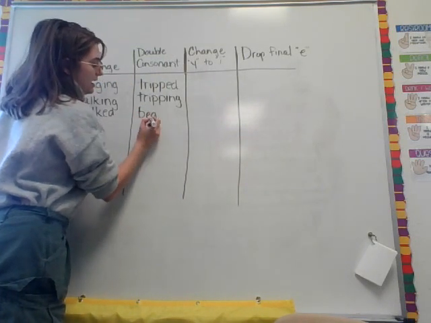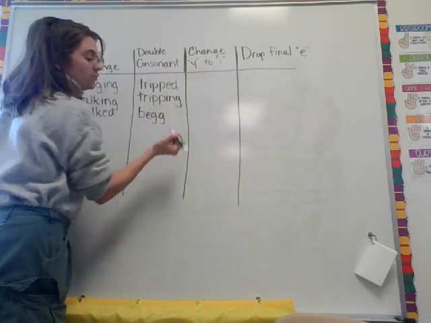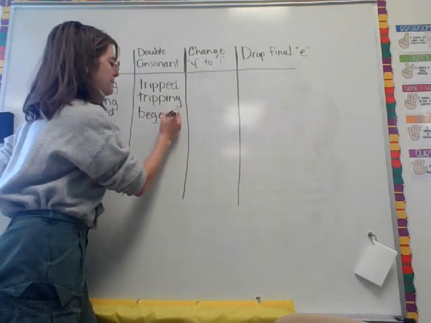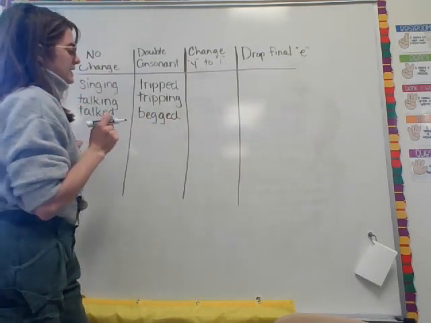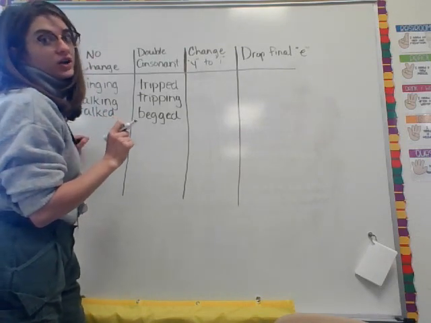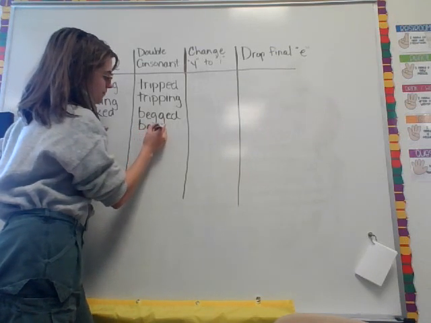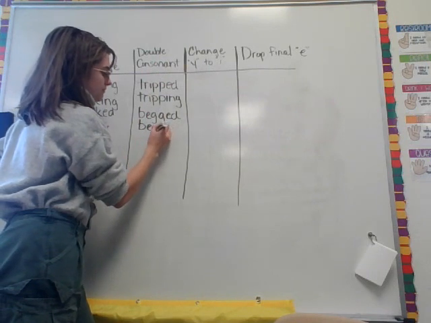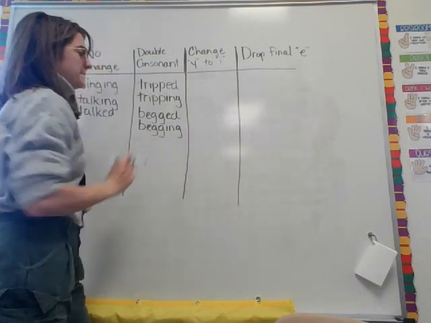Beg, it's a vowel consonant, so we need to double the consonant, and then we'll add ed to make the word begged. I begged for some pizza. I wanted some so badly. Or my dog is begging for pizza currently. Okay, to make the word begging, we'll start with the word beg. We'll double the consonant since it ends in a vowel consonant, and we'll add ing to make the word begging.